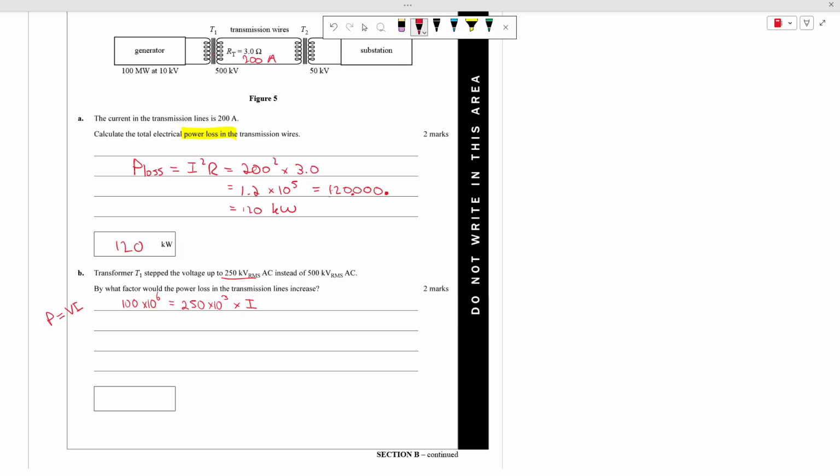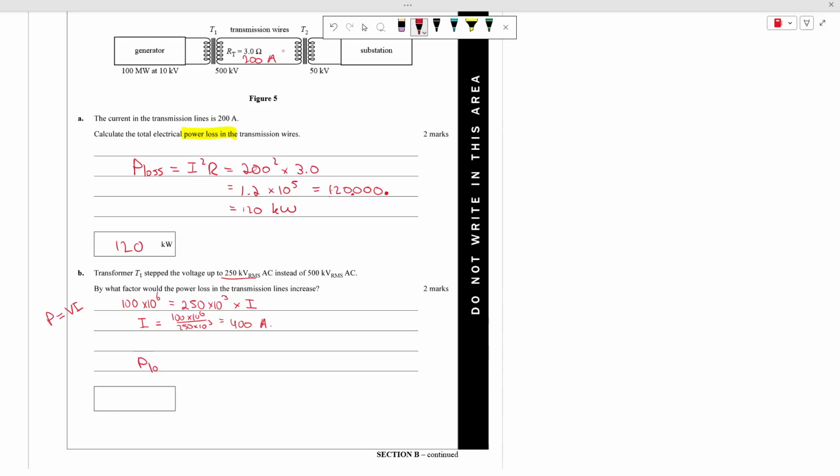So what's the value of this new current? That's going to be 100 times 10 to the 6 over 250 times 10 to the 3, which is 400. So the new current is 400 amps. Comparing that to the original current of 200 amps, how does my power loss now compare?